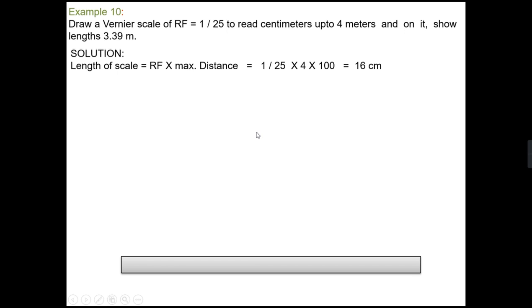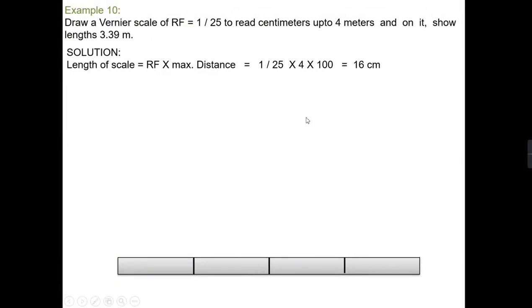So what we will do is first of all divide it into 4 equal parts as we have done in the plain scale. We are going to use the same method to divide this line. Then we will divide this division into 10 equal parts, and after dividing it into 10 equal parts, either we can make the forward vernier scale or the backward vernier scale.